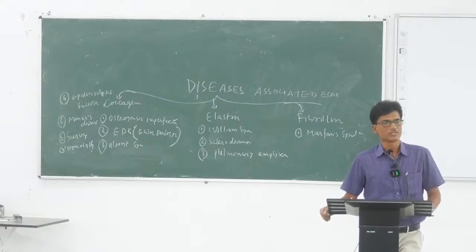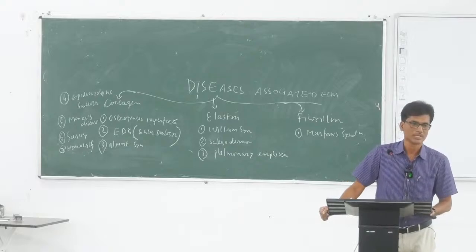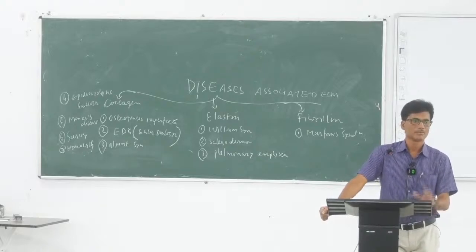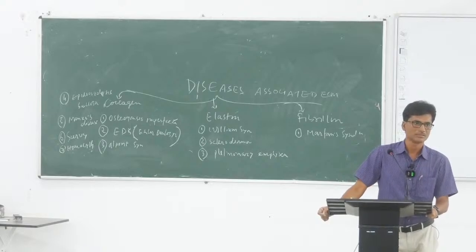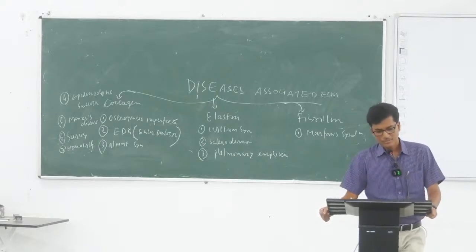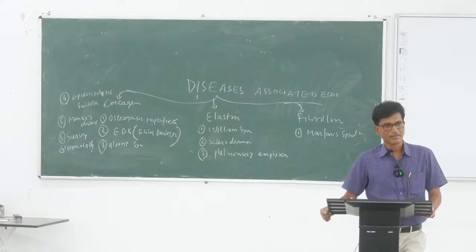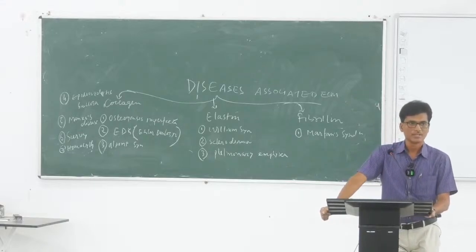Where is type 3 collagen found? Type 3 collagen is found in stretchable organs like skin, lungs, arterial wall. So as the collagen becomes weak, there is hyperextension of the skin and the joints.